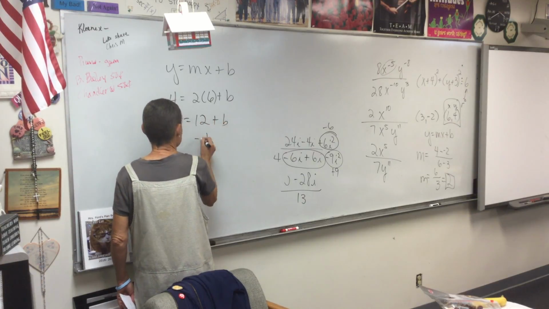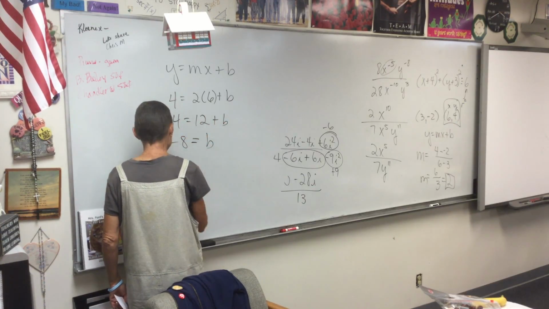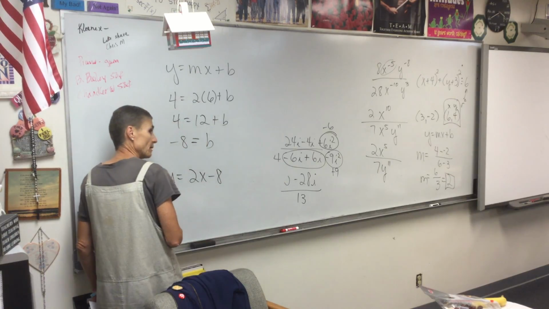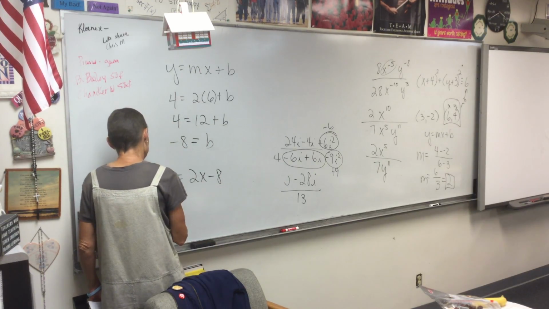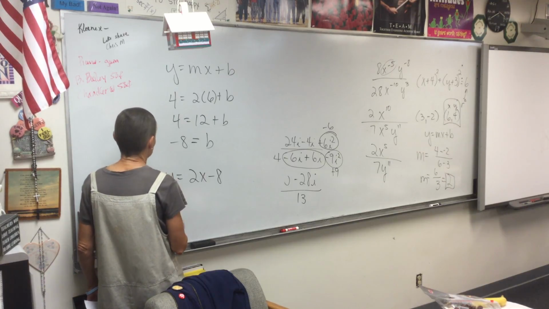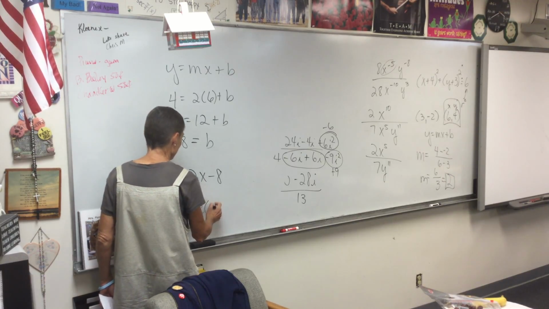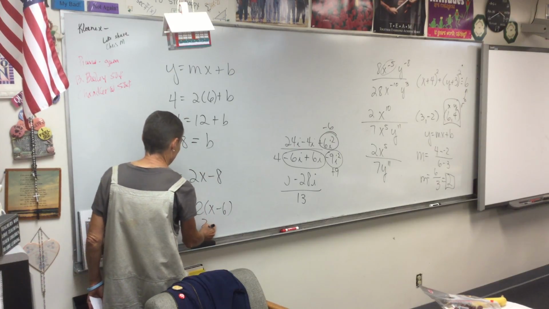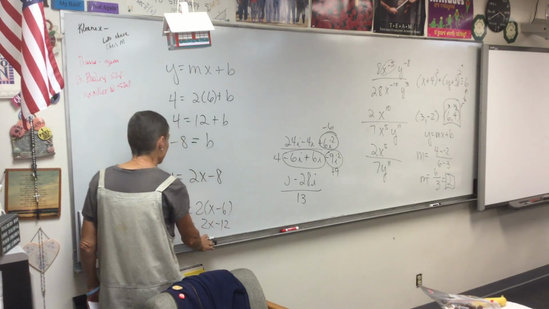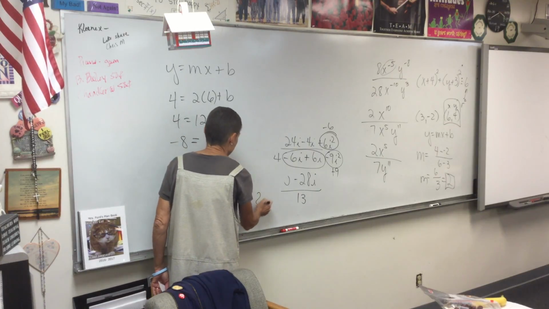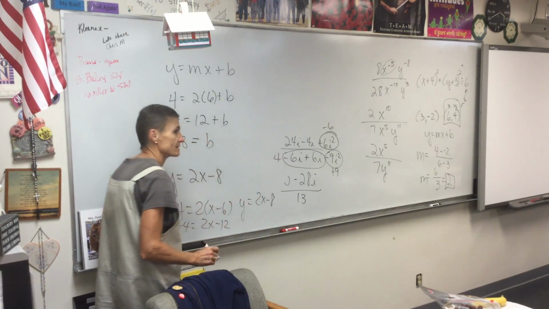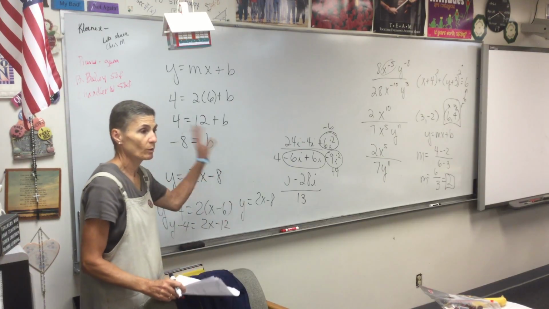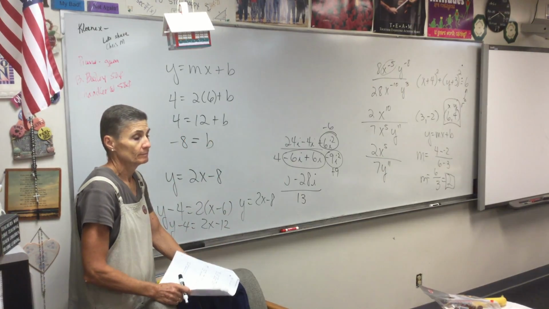So I got b equals -8. John, did you point slope and get that same thing? I just copied. You just copied down what I wrote? Oh, John. So y minus 4 equals 2 times x minus 6. So if I add 4, I'm going to get y equals 2x minus 8. We should always get the same answer. You do not have to do it both ways. Just one way, whatever's your favorite.